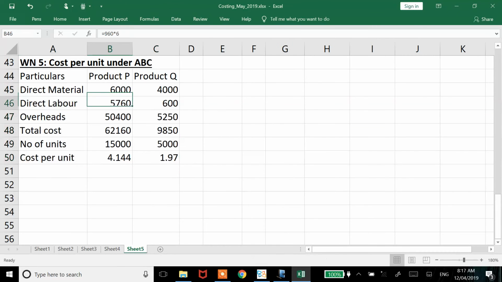Your material and labor will remain same, overheads alone you will have to change. Cost per unit under ABC, we will write the same material cost, same labor cost, overheads alone will undergo a change.